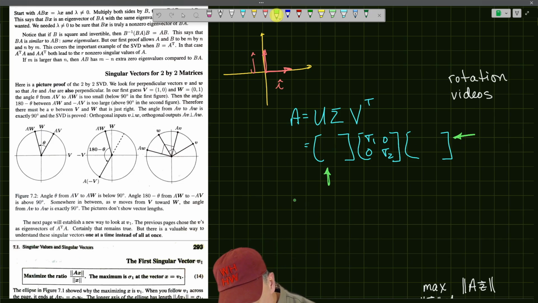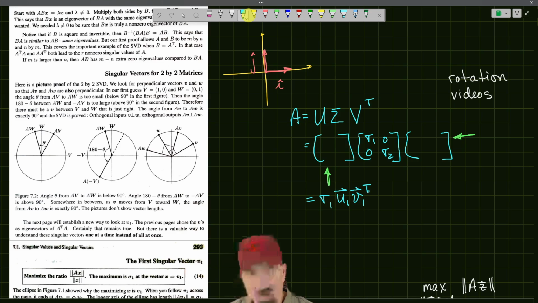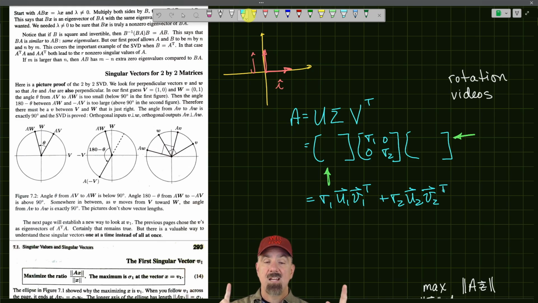we'd have the same answer because, remember, we've built just a bunch of rank 1 matrices. This A matrix is equal to sigma 1 U1 vector V1 vector transpose, that's an outer product, plus sigma 2 U2 vector V2 vector transpose, that's another outer product. So if we multiply both U1 and V1 by -1, we get the same answer.